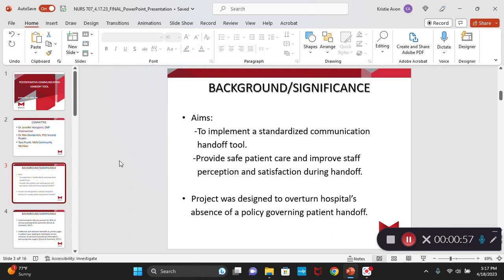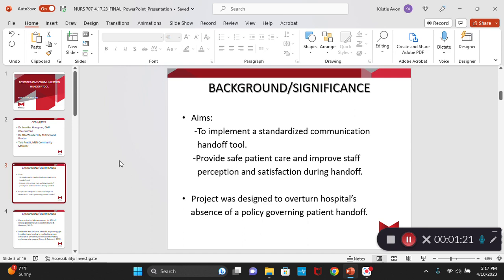Background and significance. Aims: to implement a standardized communication handoff tool to provide safe patient care and improve staff perception and satisfaction during handoff. The project was designed to overturn the hospital's absence of a policy governing patient handoff.